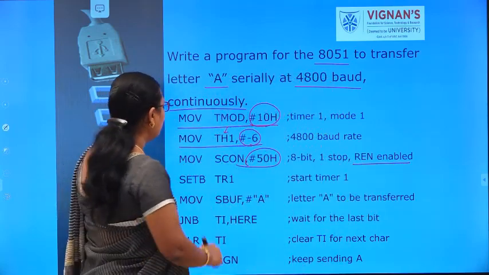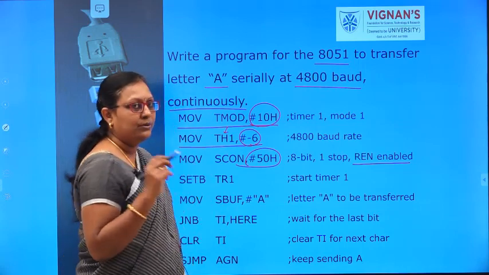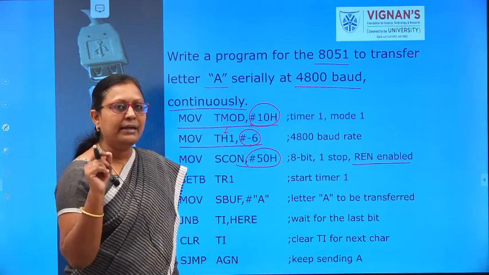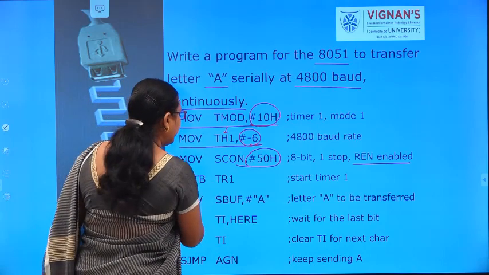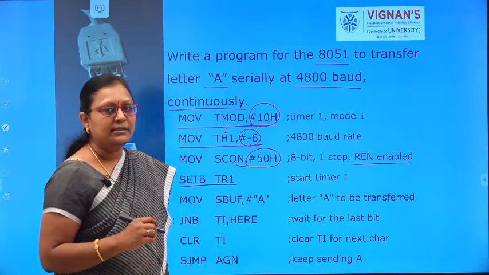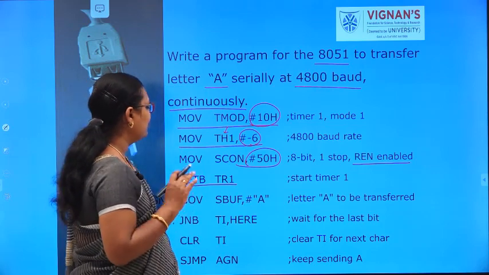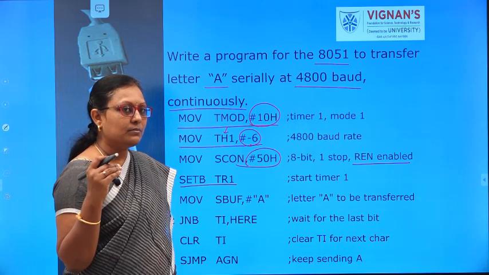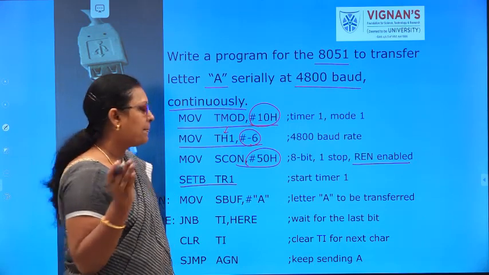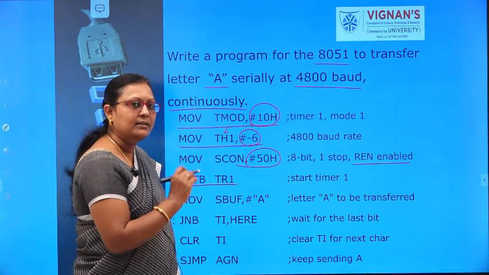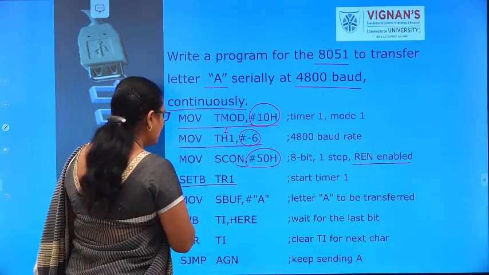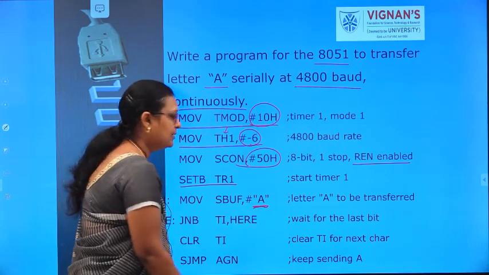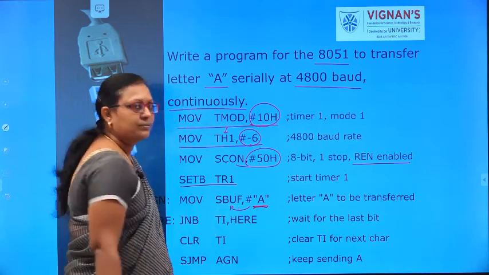In order to start the timer, the instruction we perform is SETB TR1. Next you are going to transfer the letter A serially. First you have to write this letter into the SBUF register, so MOV SBUF, #'A', where A is nothing but data.